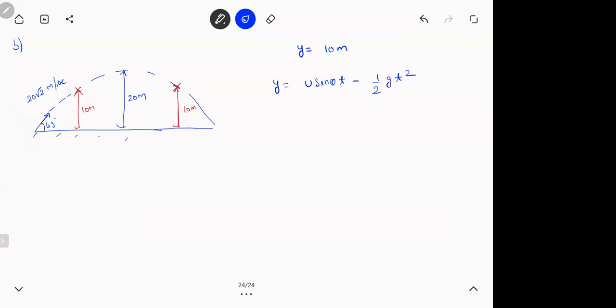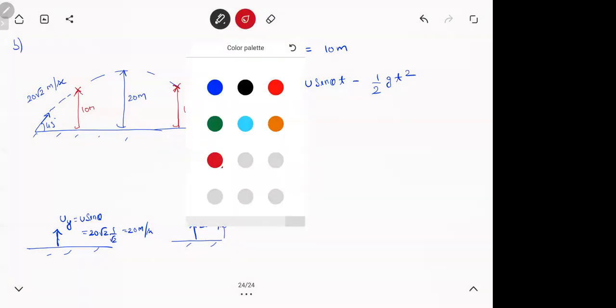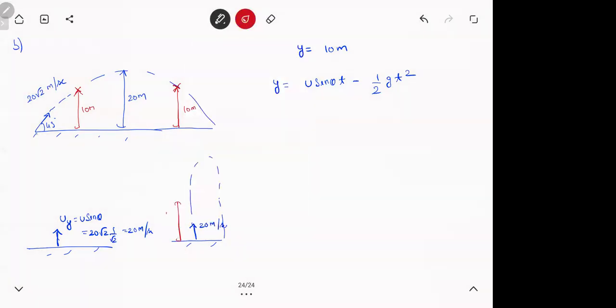If you see in another way, someone projected the stone upwards with uy, which is u sine theta, in this case 20 root 2 into 1 by root 2. That is 20 meters per second. It will go up and come down. The question is, find the time when it will reach 10 meters.